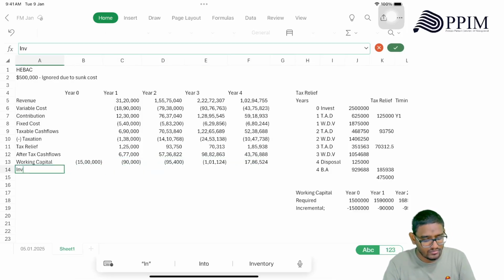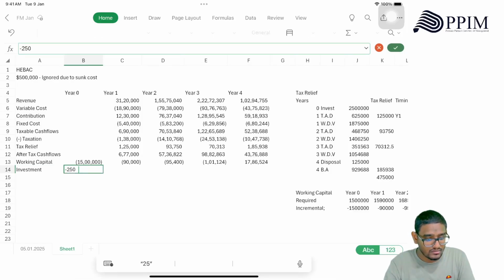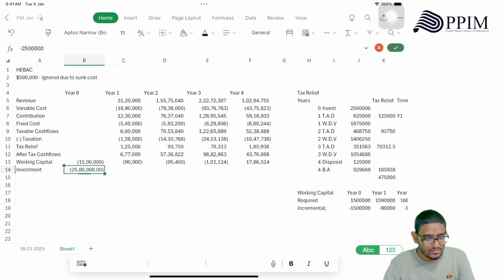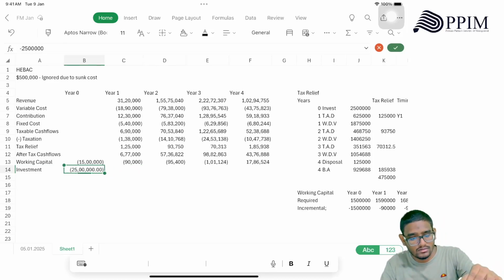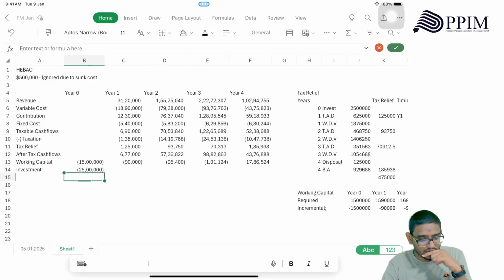I'll put the investment always at the last. So that will help us avoid any confusion with regards to the taxation computations, right? So here our equipment is 2.5 million. And then we have a scrap of 125,000.